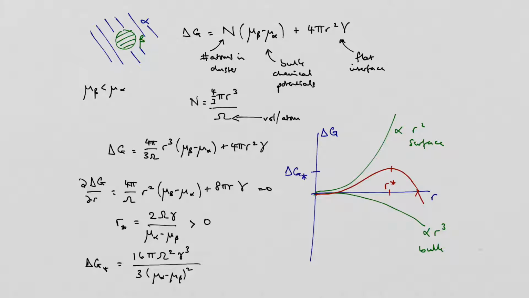And when I'm doing that, below this point, if I take atoms away, I lower the Gibbs free energy. So that's favourable. The driving force here would be wanting to make that nucleus shrink. Whereas over here, the driving force wants to make the nucleus grow, because that will reduce the Gibbs free energy.